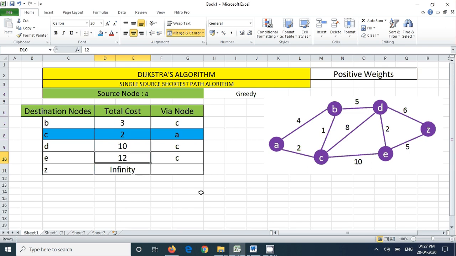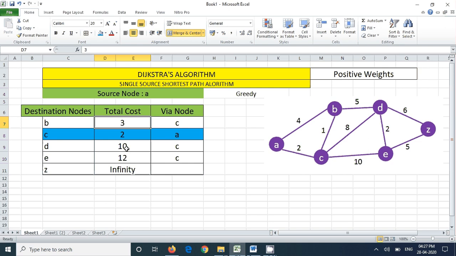Now the same logic goes here also. We have to select the smallest one and fix it as a route from A. So A to B total is 3 via C. A to D is 10. A to E is 12. So this is the smallest.